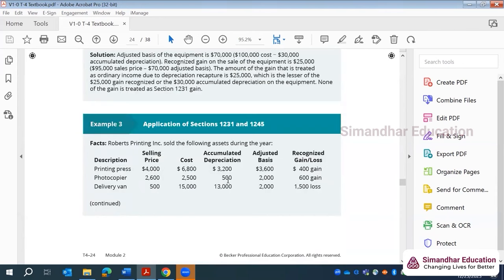All right. We have one more example where we have multiple assets. Robert Printing Inc. sold the following assets during the year. So there is a printing press, there is a photocopier, and there is a delivery van. Are all these assets capital assets?